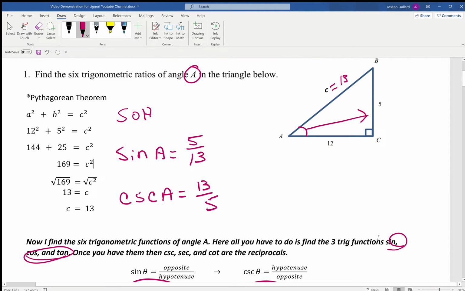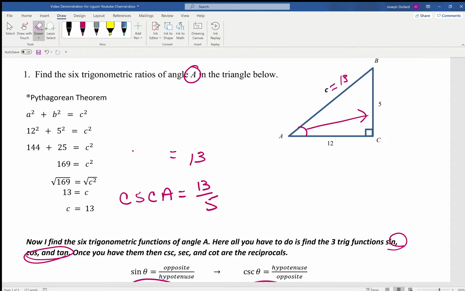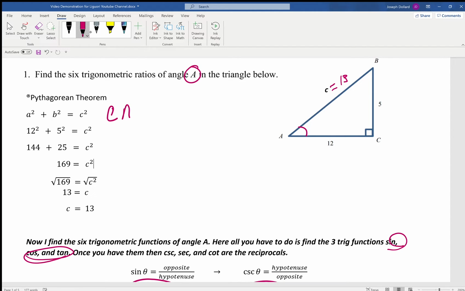Now we have to do that for each and every one of them. You have to find CAH, and of course you have to find TOA. Once you have it, then it's just chug and plug. We just plug in our answers. If I want to find CAH, that's just going to be cosine of theta.